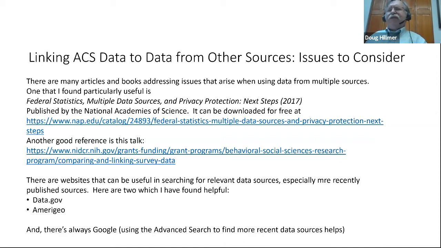Then there are two websites that I have been using fairly frequently recently, data.gov and one called AmeriGeo. Both of them are helpful to see if there is something out there that I didn't know about. And then there's always Google, and I use the advanced search feature in Google.